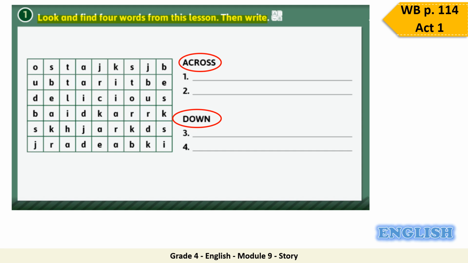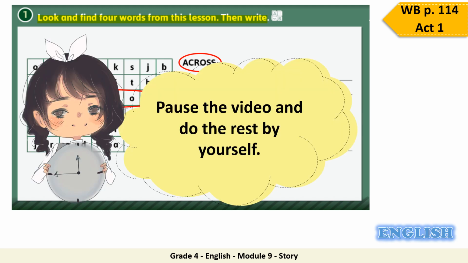Okay, I'm going to answer 1 as a model for you. Here I got the word delicious. I'm going to write it across or down? Across here. Excellent. Now it's your turn. So pause the video and do the rest by yourself. And once you are done, play the video again to check your answers.